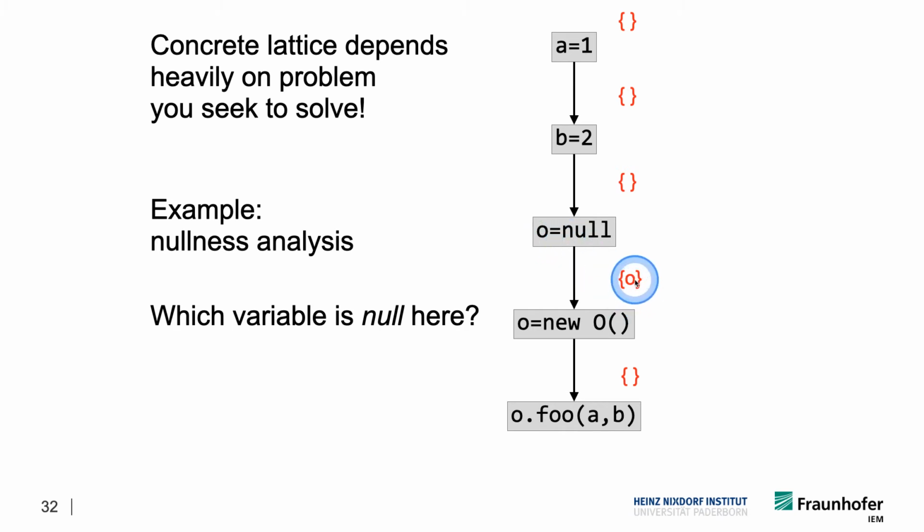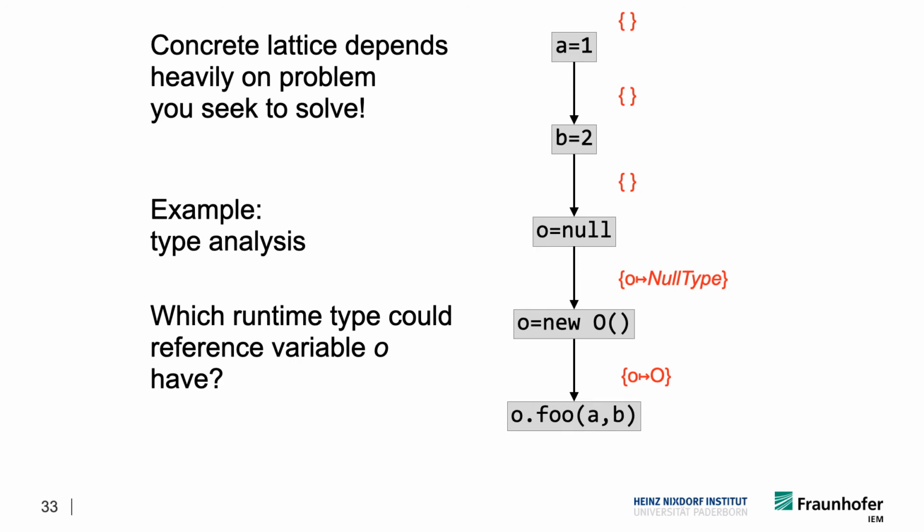So here we could use, for instance, simply the variable name O to represent the piece of information that we now definitely know that O is null at this point. And then down here, this is being cleared again, right? So here the domain would be very simple. It would be simpler compared to the case in the constant propagation, because here we don't actually have a mapping. We have a set that sort of represents an implicit mapping, right? So it's basically saying if O is in the set, it implicitly means that O is being mapped to null.